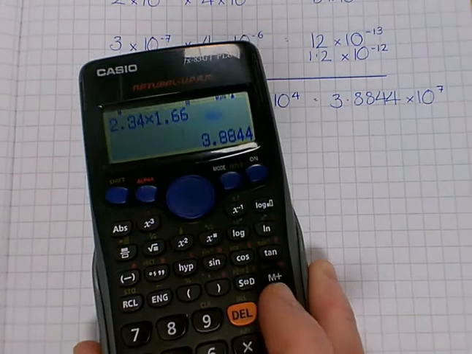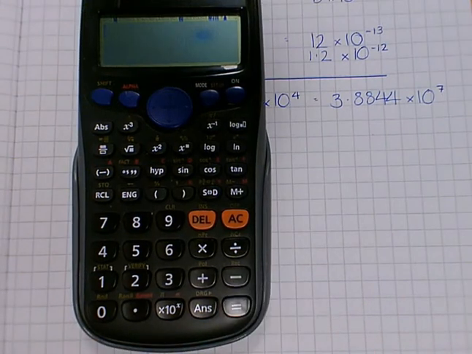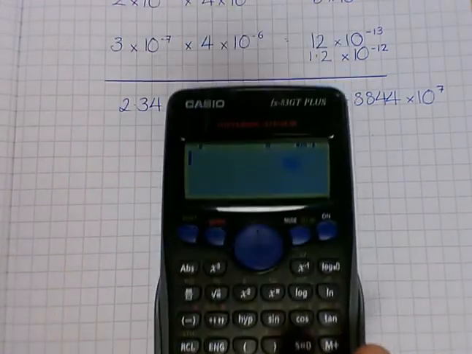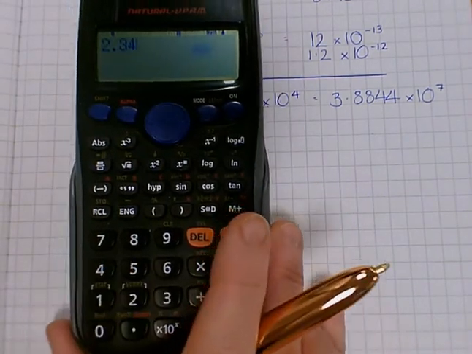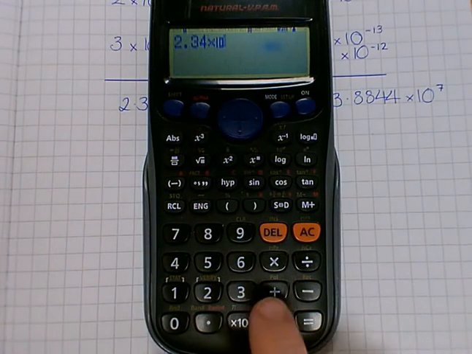I'm just going to show you something else on the calculator. If you've got a calculator like this or similar, this is our power of 10 button down here. If for example I wanted to check this answer here, I could do 2.34 times 10 to the power of 3.